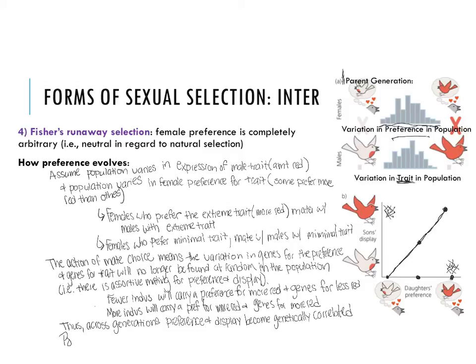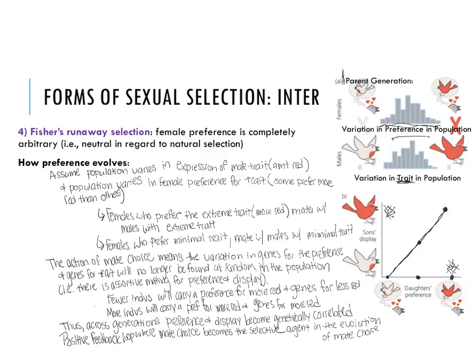And then you can get into this positive feedback loop where mate choice becomes a selective agent in the evolution of mate choice.